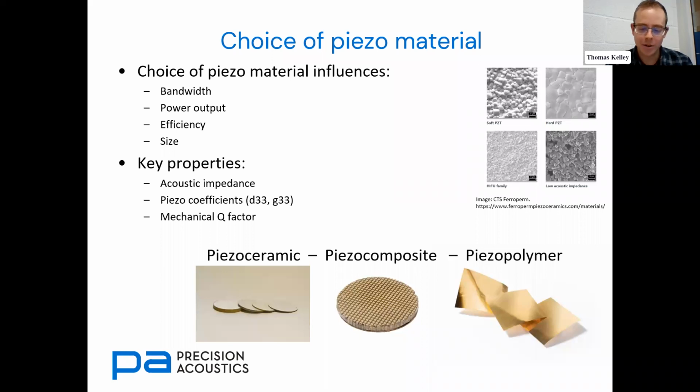So I'm not going to go into the details about the material science, as I'm sure there are better placed people than myself to talk about this, but I'll leave you with the takeaway fact that there are different piezoceramic material formulations, and they each lend themselves to particular applications. So whether we choose a hard or a soft ceramic, or a piezo composite, or even a piezo polymer, it's a big decision in the design of a transducer, and we need to consider the end application for the transducer when we're thinking about which piezo material to pick.